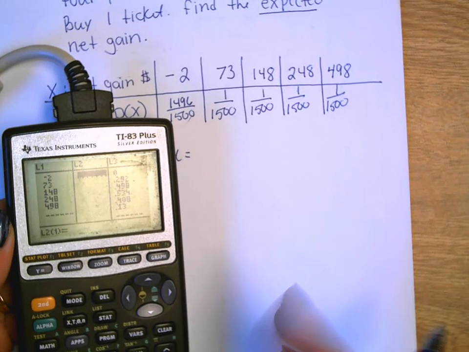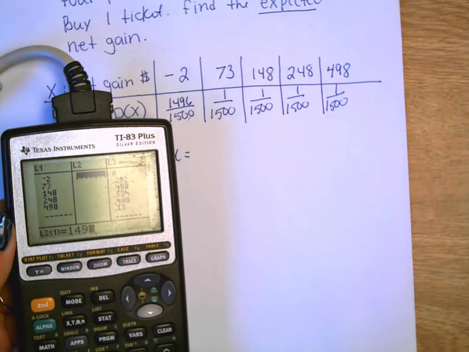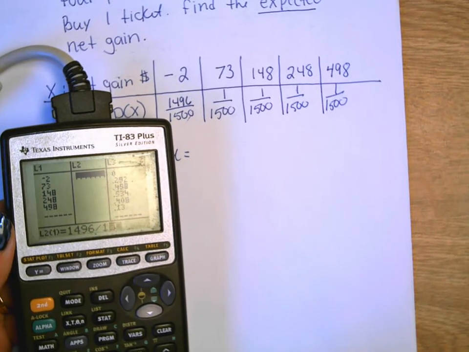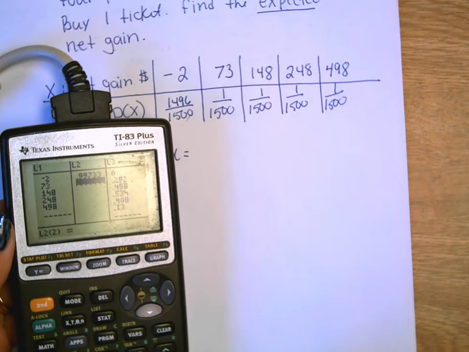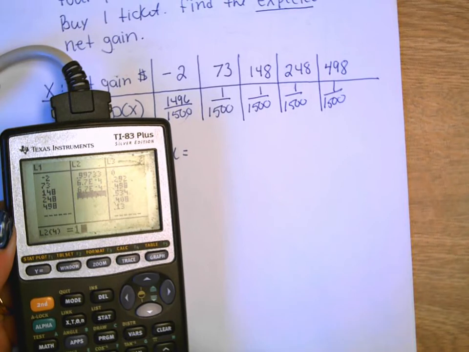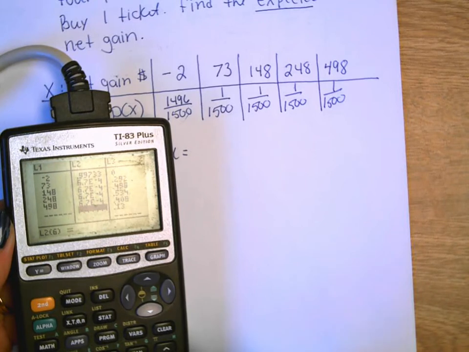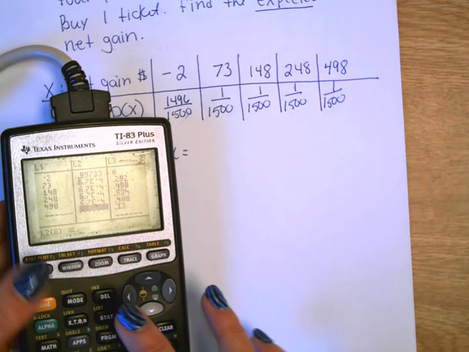And the probabilities, you can type them in as fractions and the calculator will kick them into decimals, but that's okay. Then quit and run your 1-var stats L1, comma, L2. Don't forget to tell it to look at both lists.